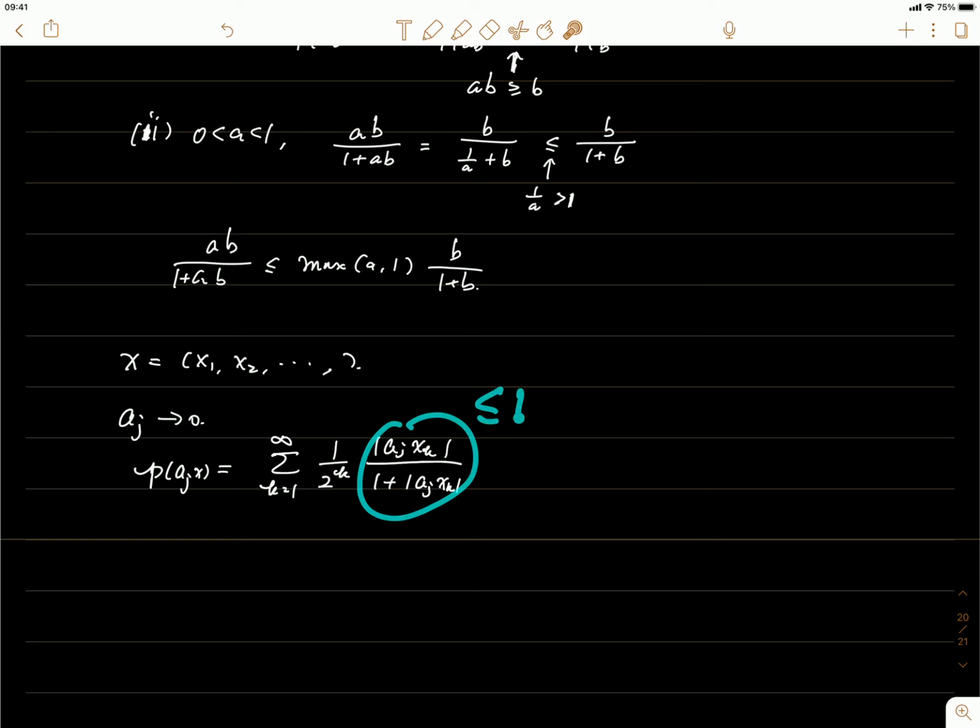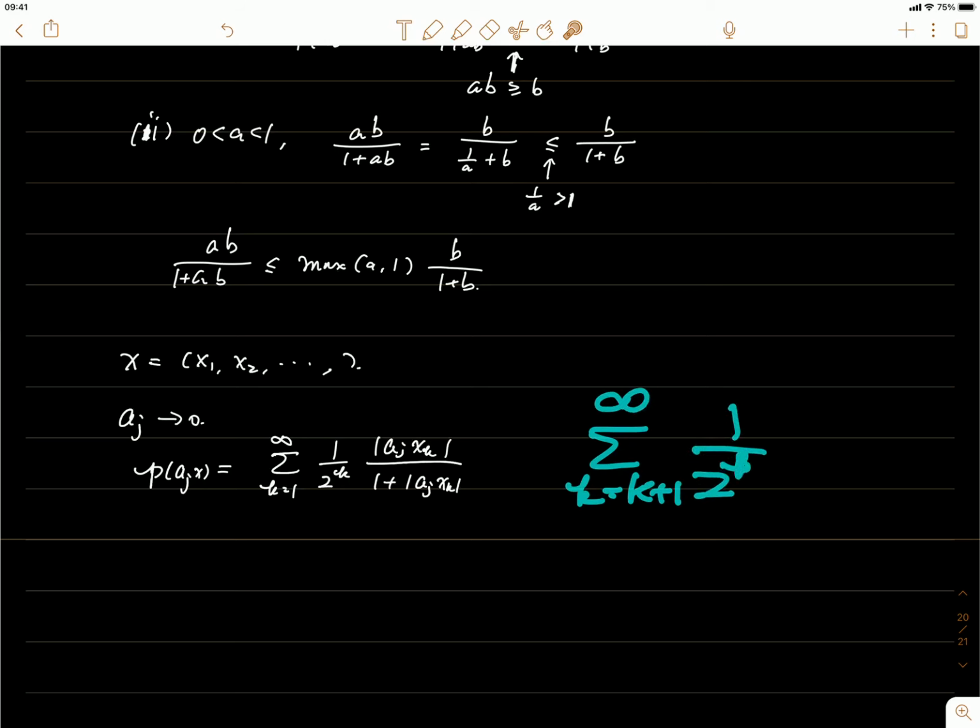So that means for capital K large enough, I look at the sum from K plus 1 to infinity of 1 over 2 to the k. This should be bounded by 1 over 2 to the capital K. And I need this capital K large enough so that it's smaller than epsilon, or epsilon over 2, something like that. Then that means starting from capital K, I can bound the tail of this whole thing no matter what. It doesn't matter what this aj is. It's always small enough.